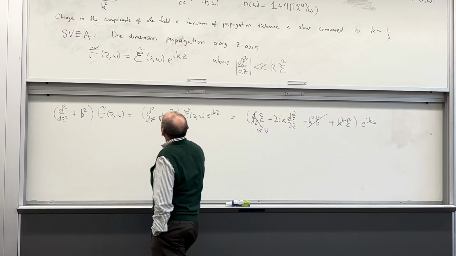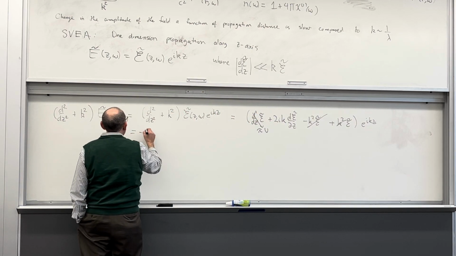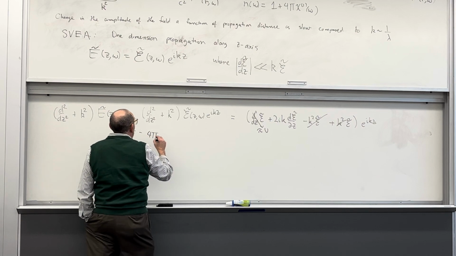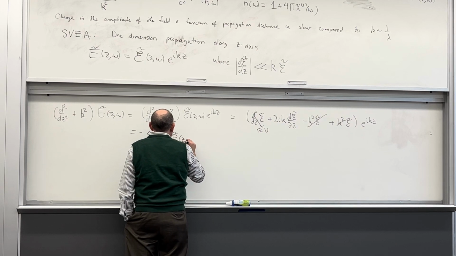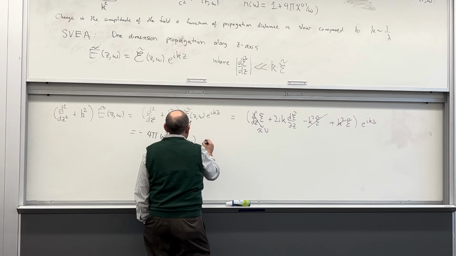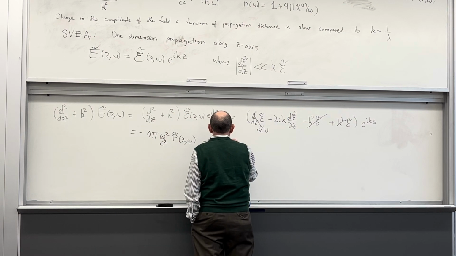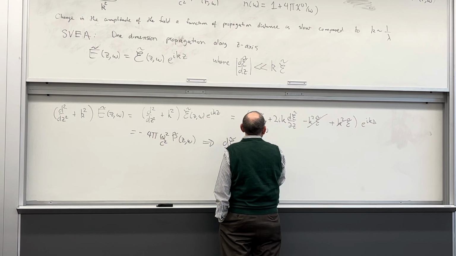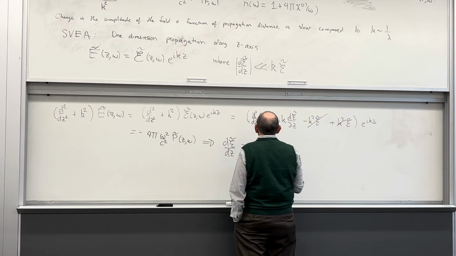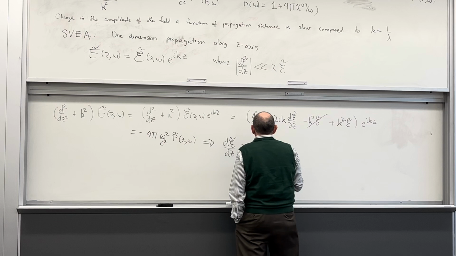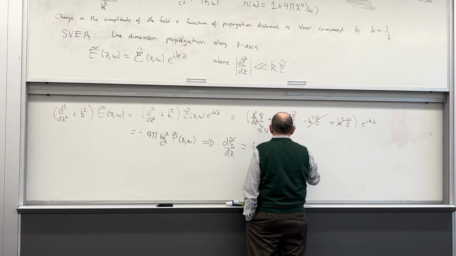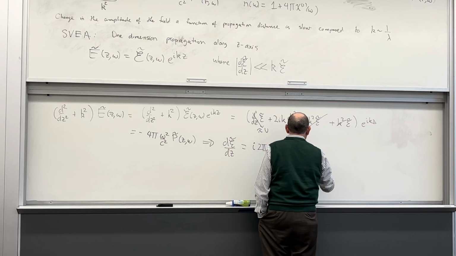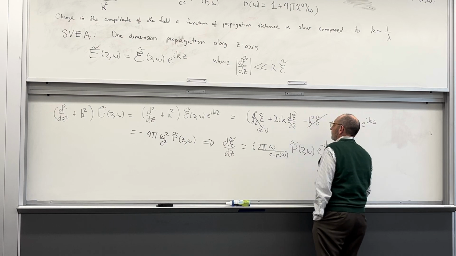Anyway, I plug that in, equal to minus 4 pi omega squared over c squared p tilde of that, which means we get an equation of motion which says the rate of change along the direction of propagation of the amplitude is equal to i times 2 pi omega over c, n over omega, p tilde of z over omega, e to the minus i k z.